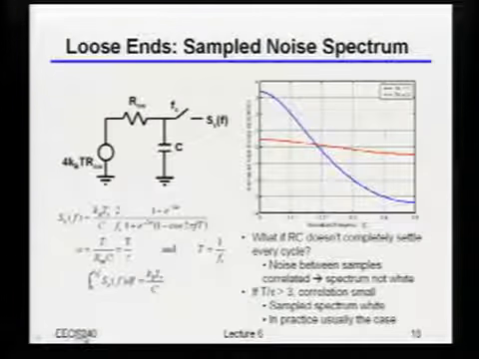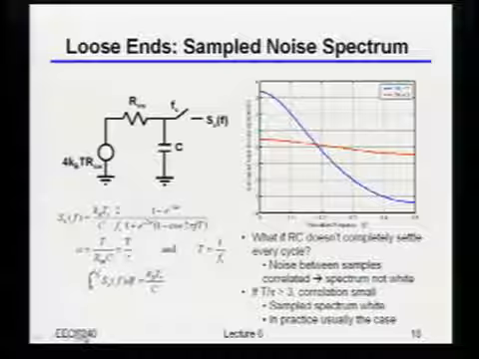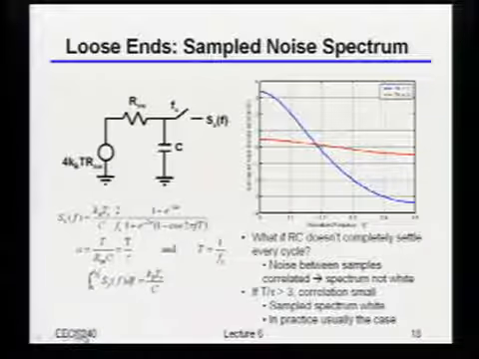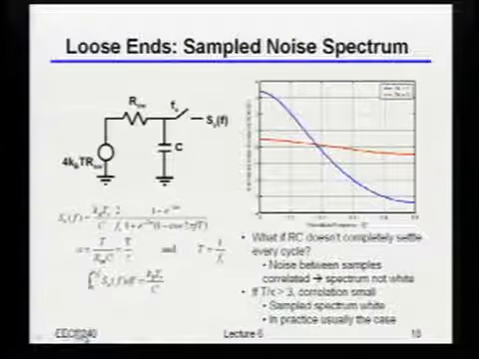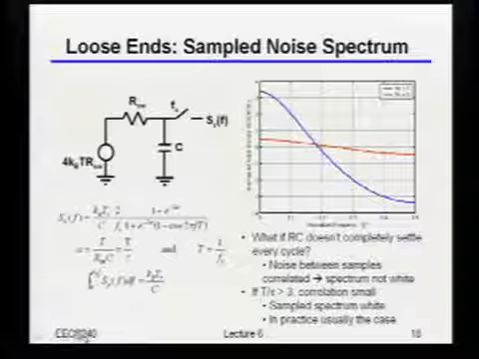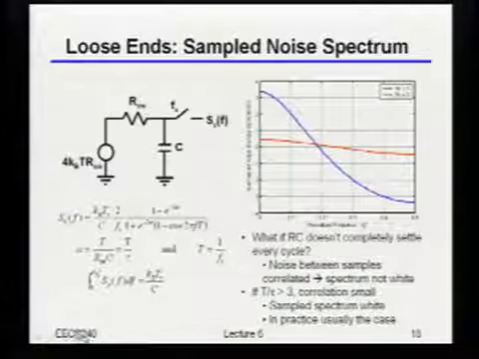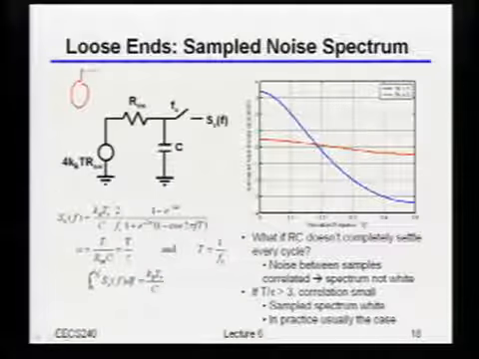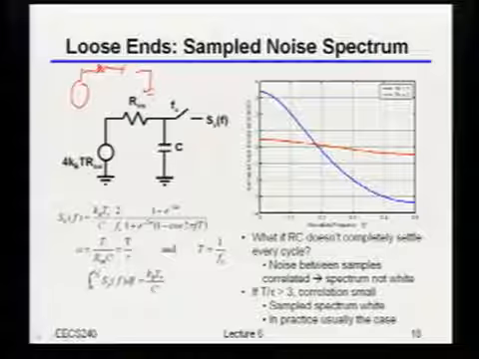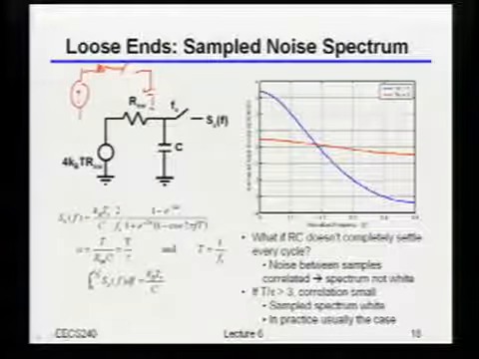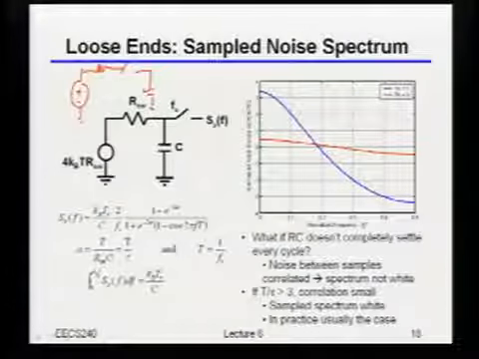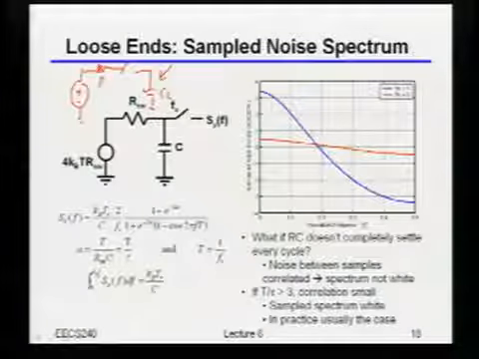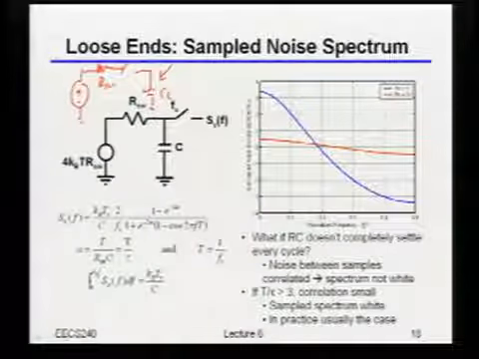Okay, so before we move on to talk a little bit about noise and feedback, there's a couple of loose ends that I wanted to tie up, okay? The first one has to do with, if you remember, the sample and hold circuit, which originally I had drawn as something looking like this, right? There was some input voltage over there that we wanted to measure, and we just wanted to sample it onto that capacitor, right?